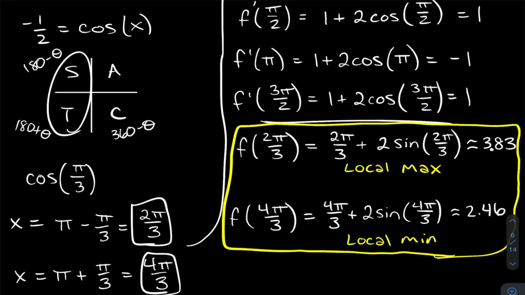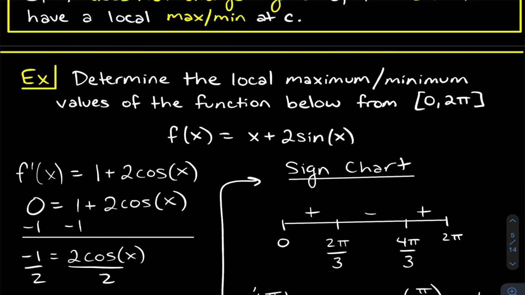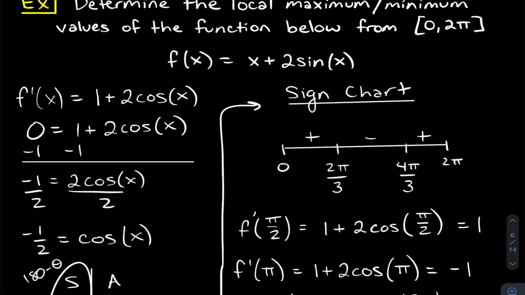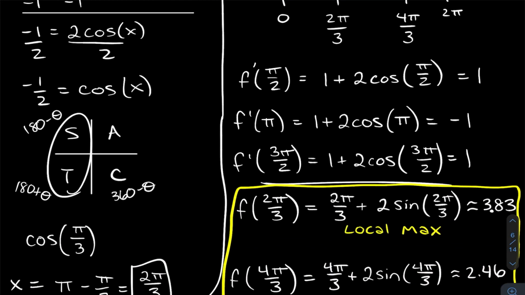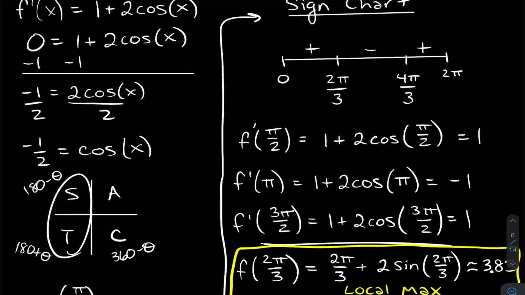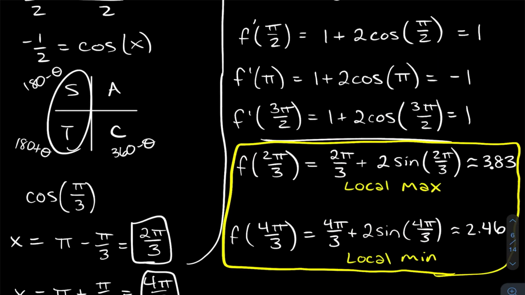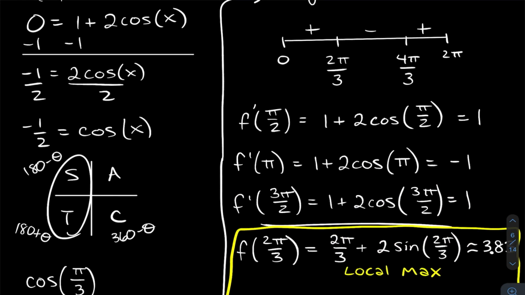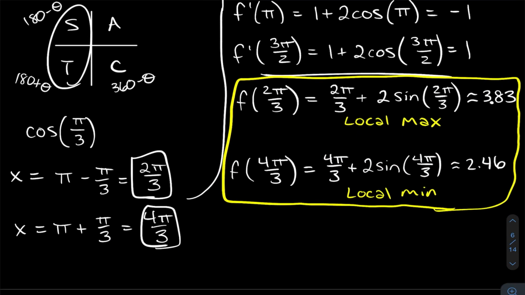So really, that is all that goes on in a problem like this. I know it looks like a lot, but really, we take our derivative, we set it equal to 0, and find our critical points. That's pretty much what we do in every single one of these problems. Here it was a little bit more messy because we had a trig equation, but sometimes that is going to happen.